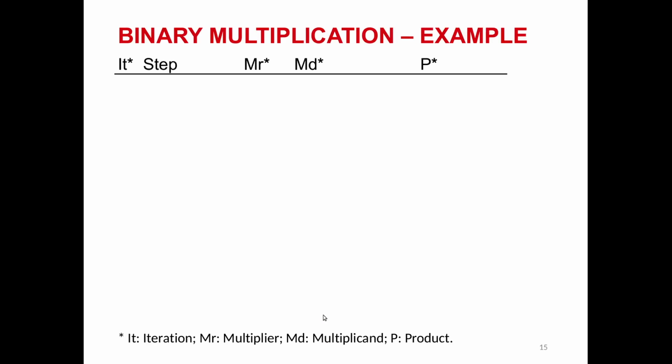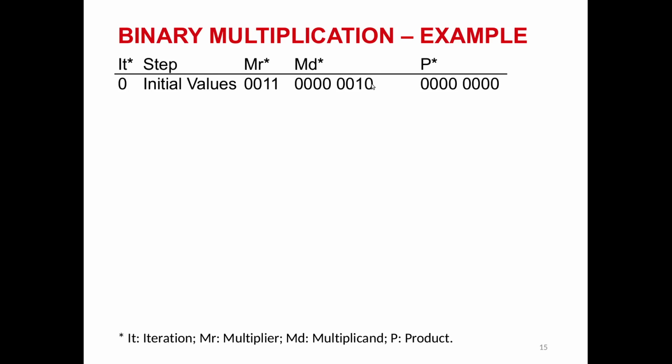Now we will go into our example in which we will look into the change of value inside multiplier, multiplicand and product. In our example, we assume that multiplier is 3, 0, 0, 1, 1 in binary.